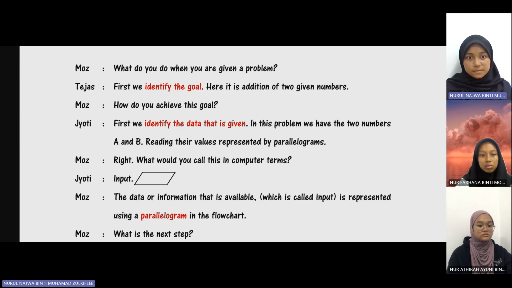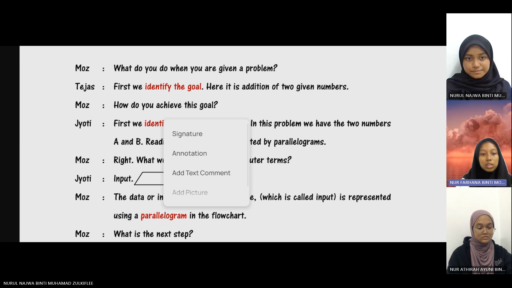We have the two numbers A and B. Reading their values is represented by a parallelogram. Right. What would you call this in computer terms? Input. The data or information that is available, which is called input, is represented using a parallelogram in the flowchart.